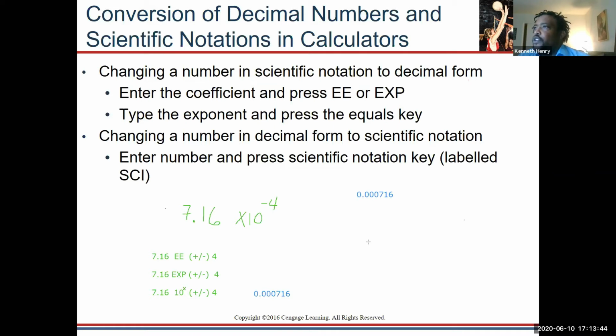Yes. And if you guys can do me a favor, if you are having trouble entering this into your calculator, email me the model of your calculator. Or even better, you can search the model of your calculator, and sometimes all you have to do is add scientific notation, and it will pop up on Google how to do it.